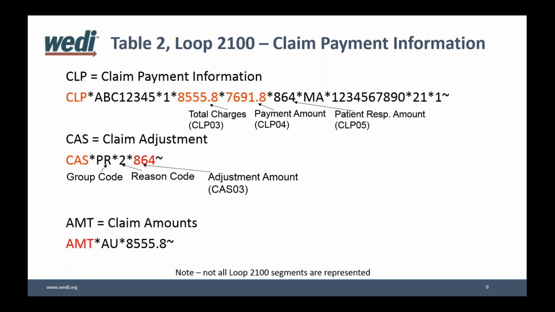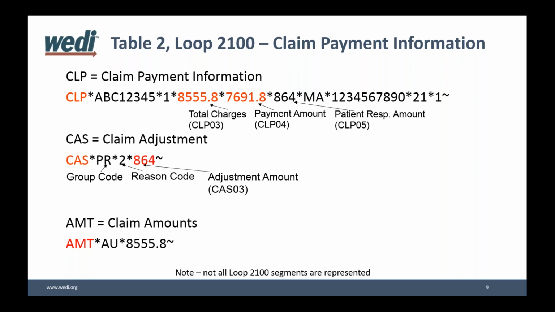The total payment amount is CLP04. In our example, it's $7,691.80.